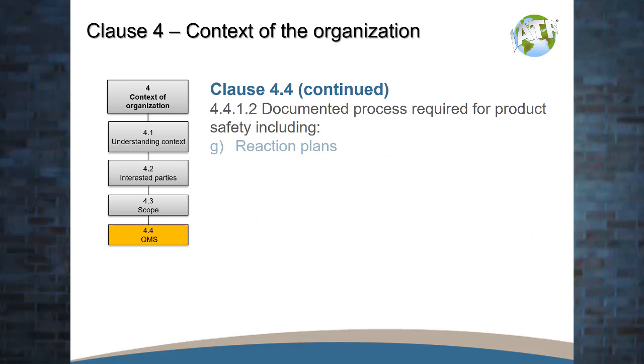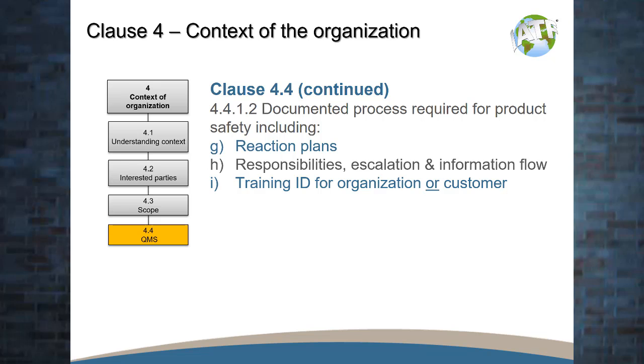And to continue on here, we have documented process required for product safety, including reaction plans. So what are the reaction plans associated with product safety? What are the responsibilities, the escalation process, and information flow related to product safety? Training identification for the organization or for the customer if the customer might encounter some product safety, let's say for use or assembly.